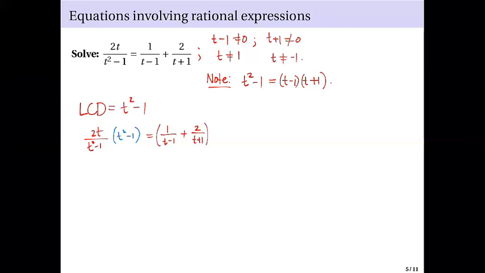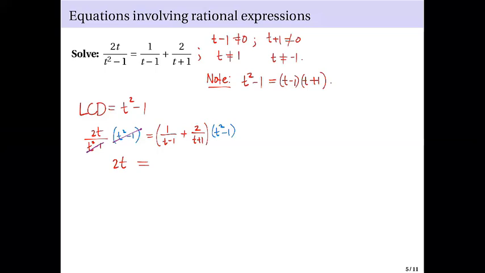And this is multiplied to the LCD t squared minus 1. So if you simplify this, t squared minus 1 here will cancel the t squared minus 1 here. So on the left-hand side, we'll just have 2t.